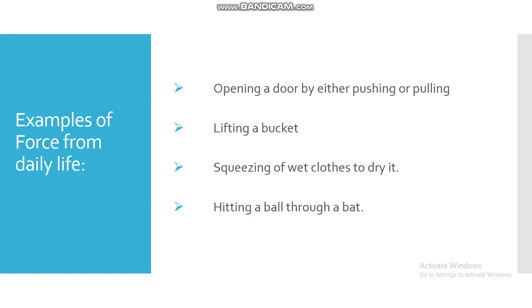And one last is hitting a ball with a bat. This is another example of force from our daily life. There could also be many other examples that come to your mind, so you can also write those examples. So these are some of the examples of force from daily life.